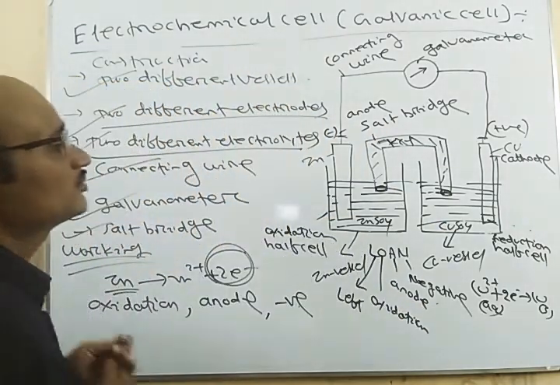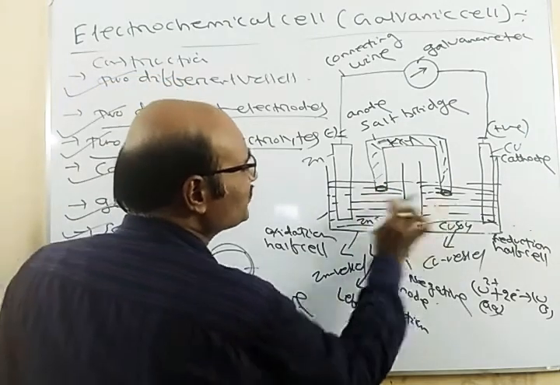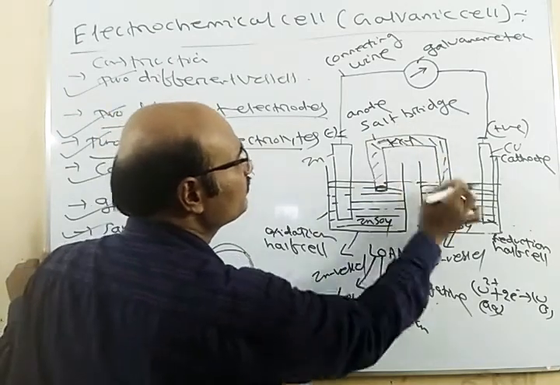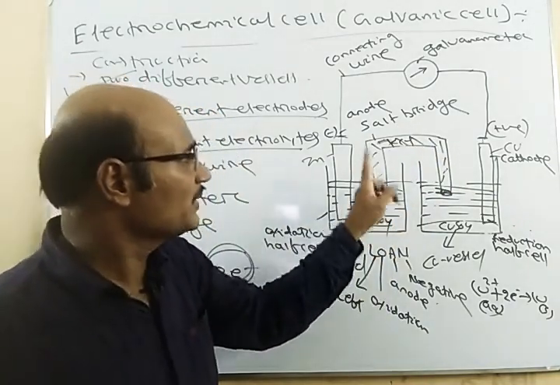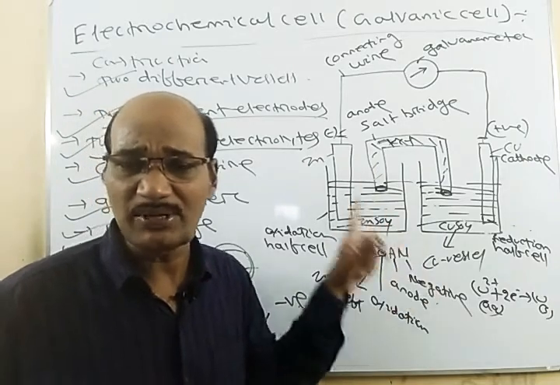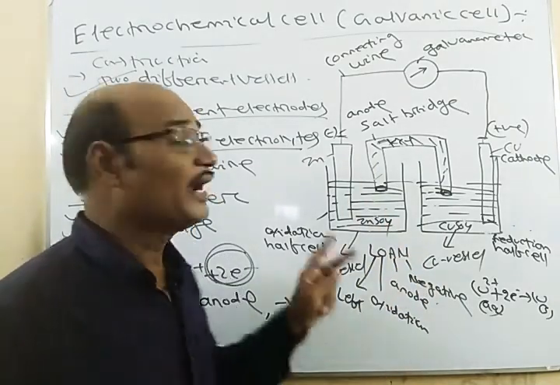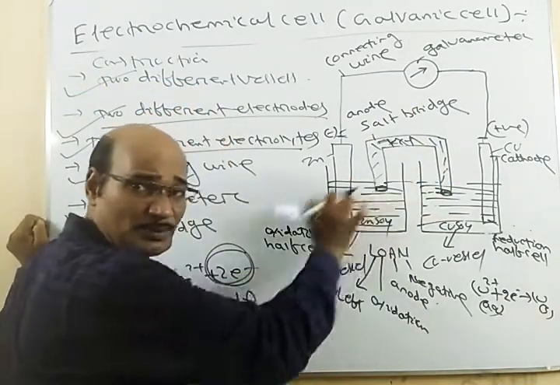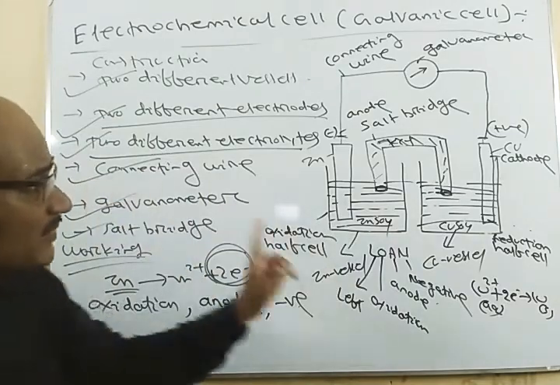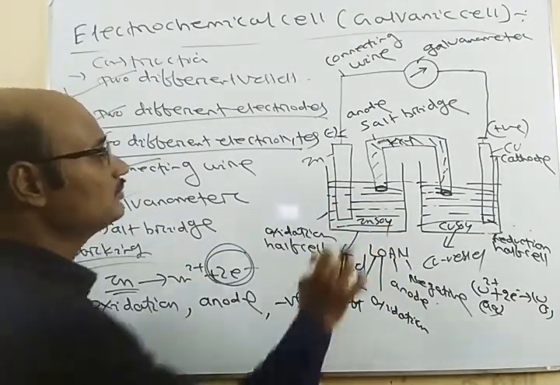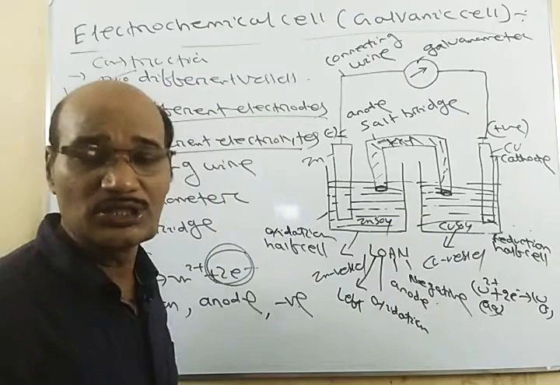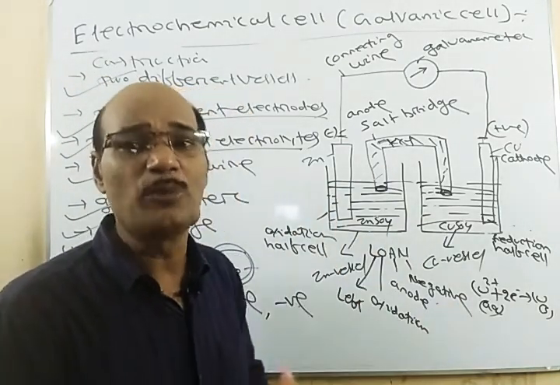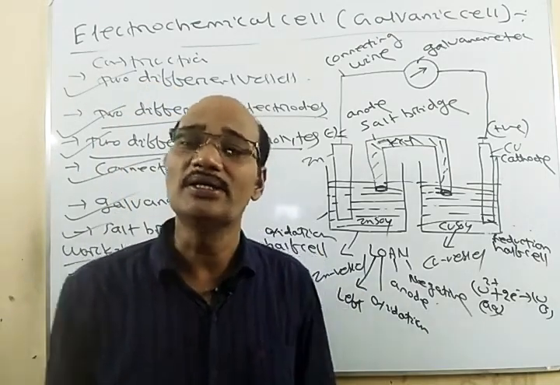Also, the salt bridge connects the two cells. The salt bridge is a U-tube that contains inert electrolytes which do not take part in the chemical reactions. It connects the two half cells and maintains electrical neutrality among the vessels. Whenever there is accumulation of charges, it releases the opposite ions and maintains electrical neutrality.